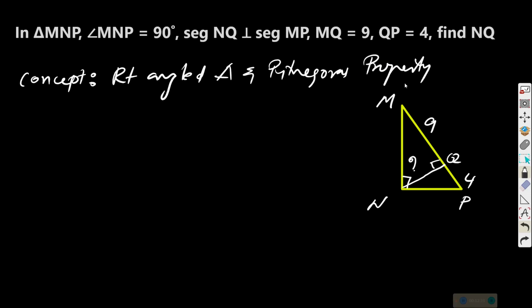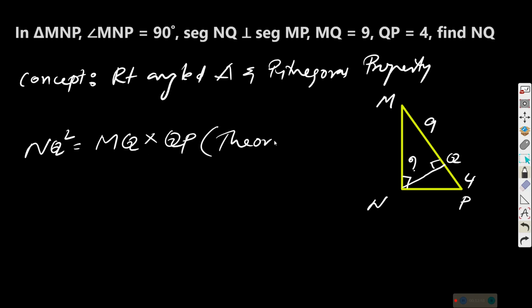And as it is a perpendicular drawn from the right angle to the hypotenuse, we can simply substitute NQ square is equal to MQ into QP, the theorem of geometric mean.